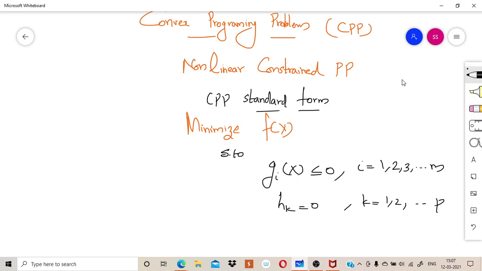But the convex programming problem is a special case of nonlinear constraint optimization problem in which the standard form is minimization only, minimize f of x, our objective function, subject to only the inequality constraints of the form less than or equal to 0.